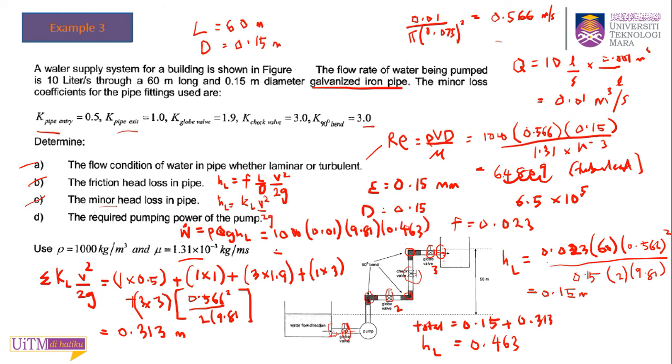Okay, and we multiply all of this. 1000 times 0.01 times 9.81 times 0.463. So we will get the answer for the pumping power, which is 45.4 watt. Okay, so this is your D.